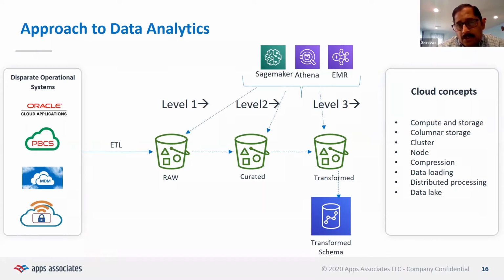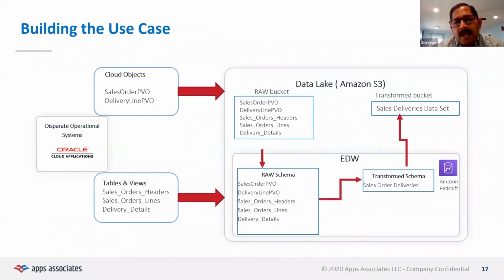And then just to take an example before we jump into the demo: this is a sales delivery data set, sourcing information from different systems, from a cloud ERP system and an on-premise EBS system.